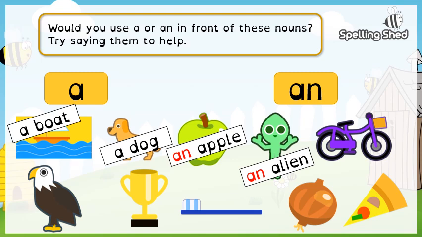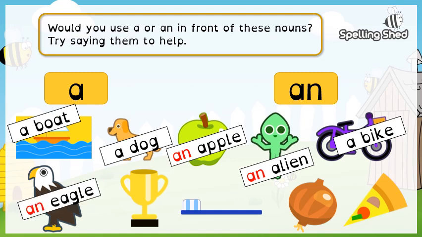Next to the alien is a bike. B for bike. That's going to need an A. Down now with the eagle. Now eagle starts with a vowel sound. So that is going to need the an. An eagle. Trophy, that's T, that's a consonant.